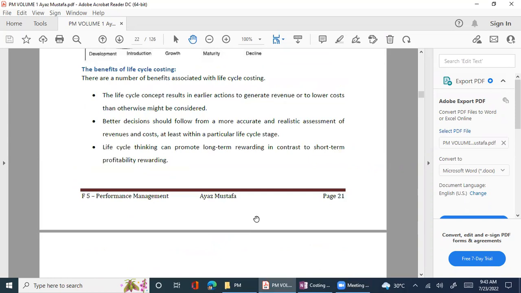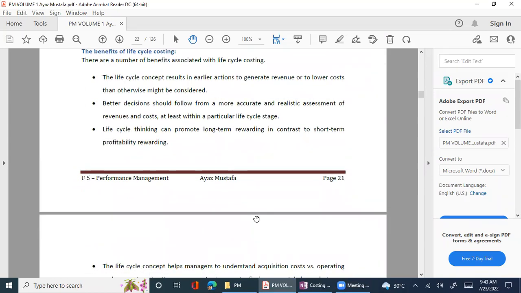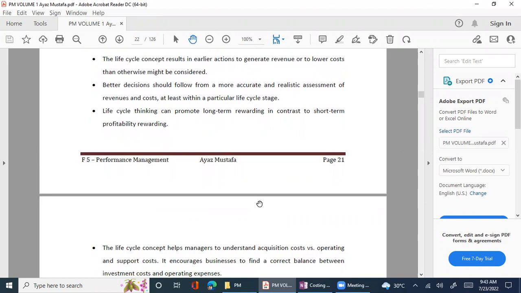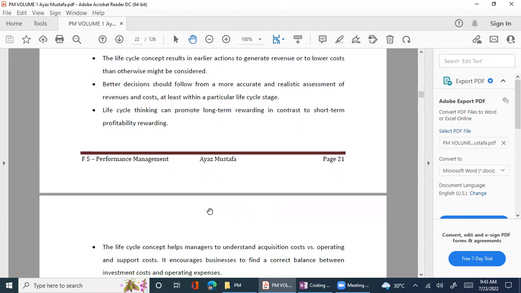Before moving further, please read these benefits as well. Benefits of life cycle costing. There are a number of benefits associated with life cycle costing. So these are the benefits.